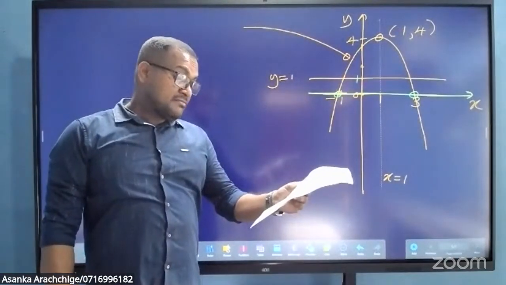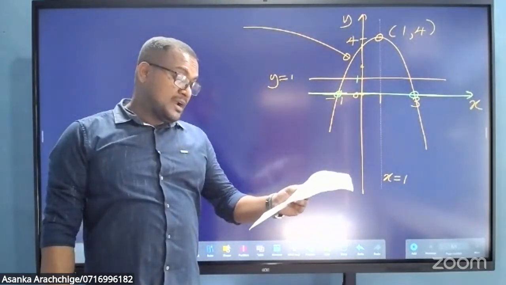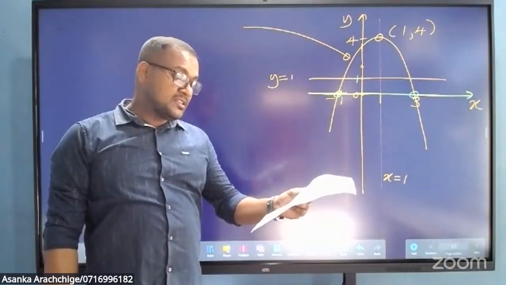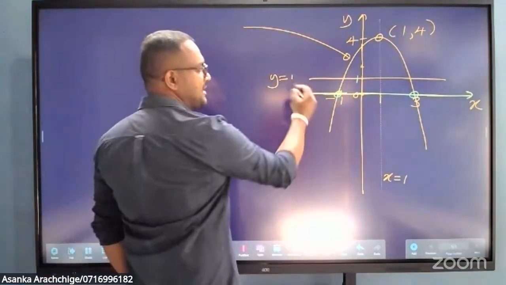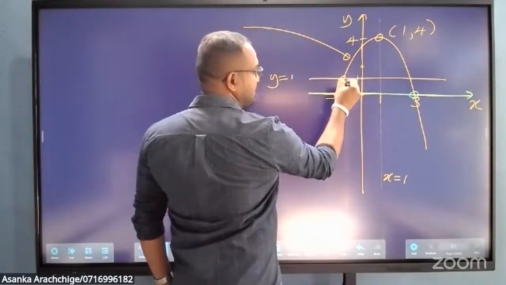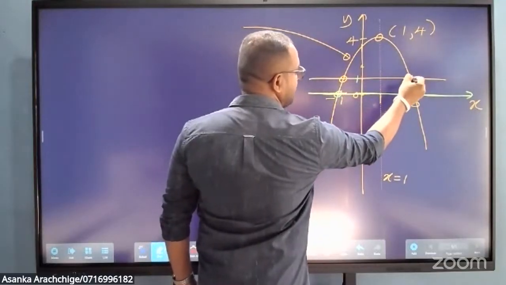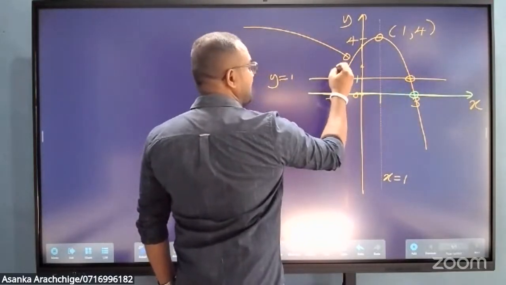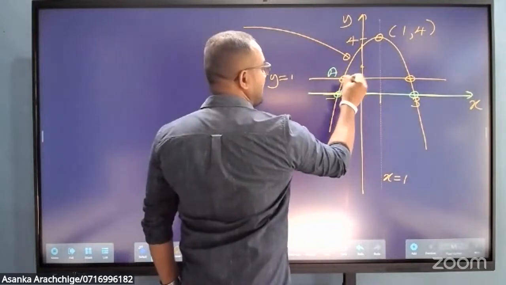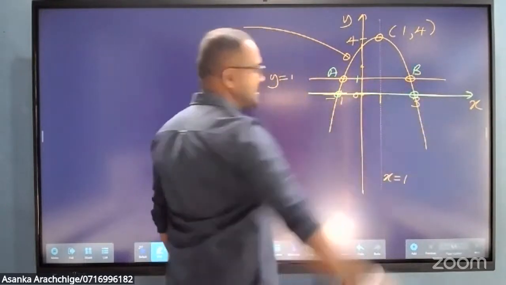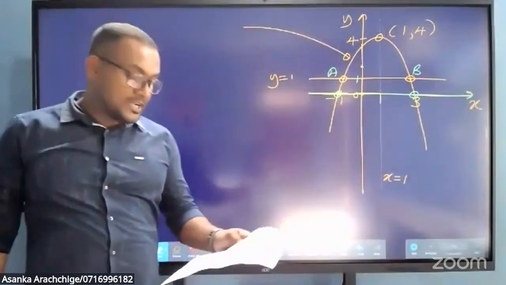Let us take that the line y equals 1 intersects the graph at the points A and B. මෙන්න මේ line එක A සහ B කියන points දෙකේදී graph එක intersect කරනවා. This is A, this is the point B. Right?